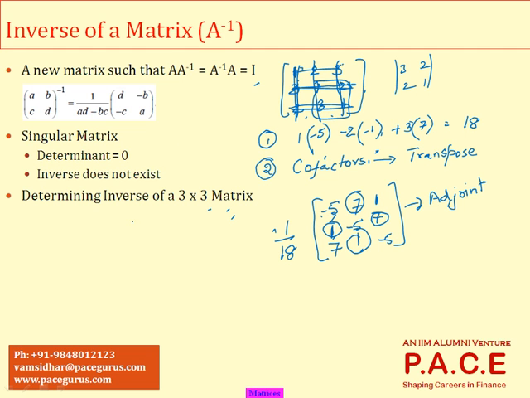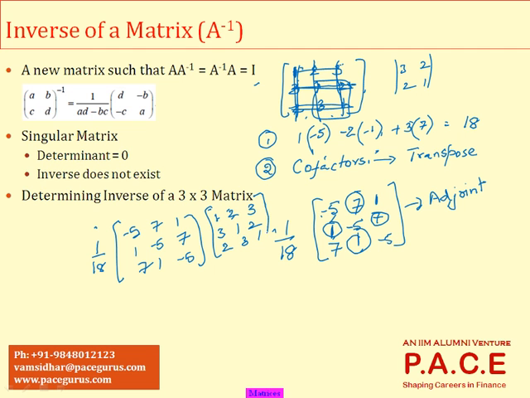So in case of this matrix, the inverse is nothing but 1 by 18 multiplied by minus 5, 7, 1, 1, minus 5, 7, 7, 1, minus 5. You try multiplying this with the original matrix just to see this. 1, 2, 3, 3, 1, 2, 2, 3, 1.